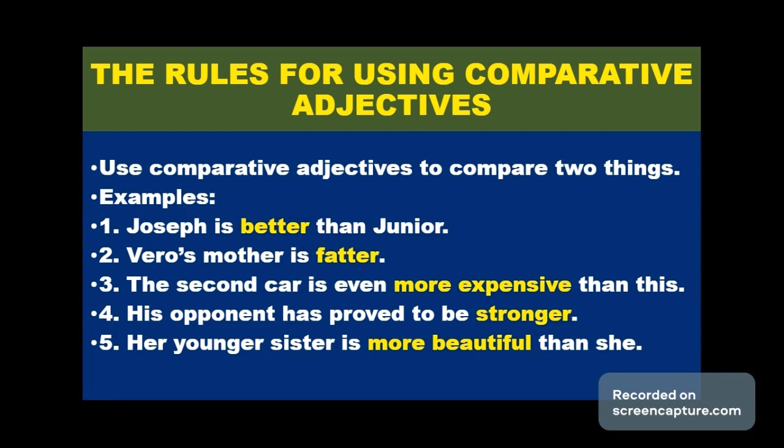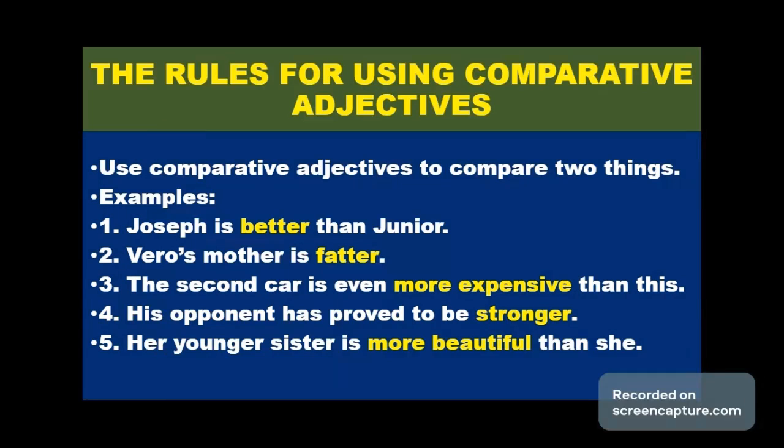Now, let's look at rules for using comparative adjectives. One way to describe nouns, that is talking about people, animals, objects, is by comparing them to something else. You can compare one man to another, one woman to another, and so on.